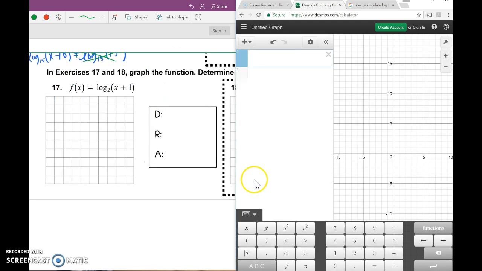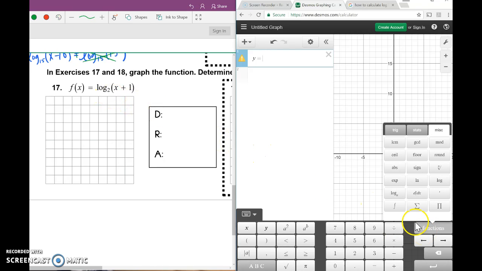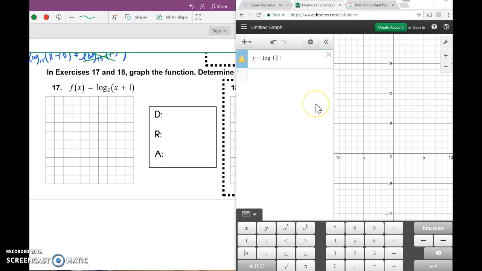For number 17, we're going to have to graph and determine the domain, the range, and the asymptotes. So we're going to use Desmos. Go ahead and type in your equation, y equals, you're going to need log base 2, so go to functions, and then log base a, you're going to put that 2 there, then x plus 1.